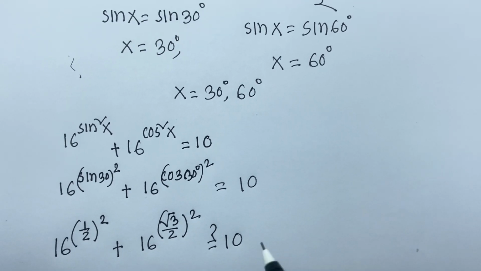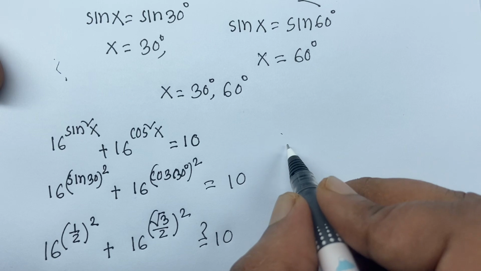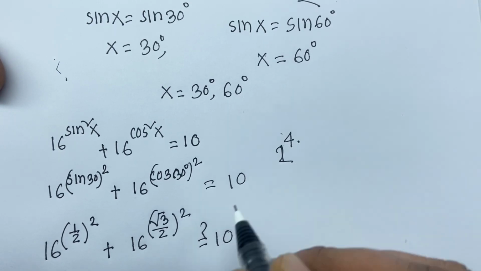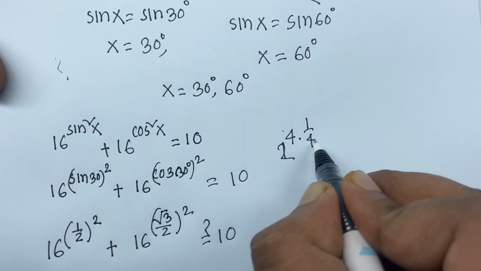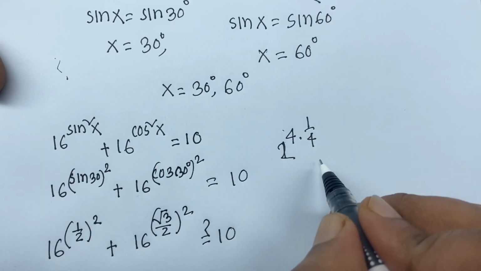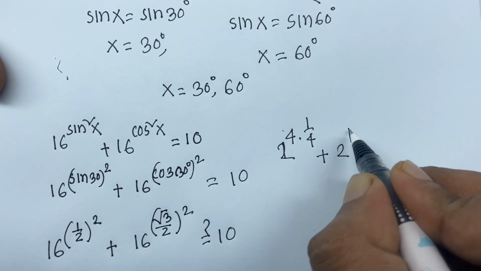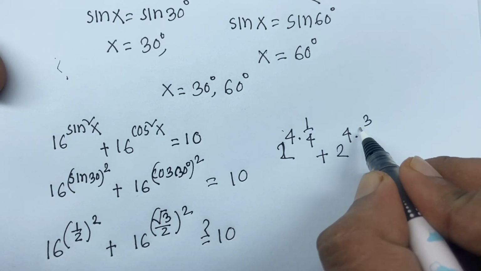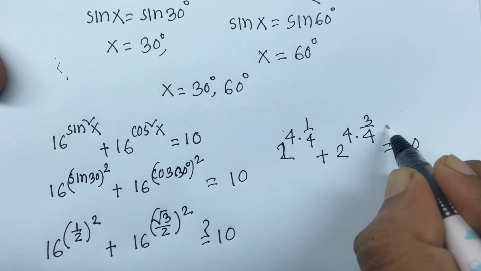Then I can say easily 16, so it will be 16 to the power 1 over 4, because of the 2 to the power 2 it will be 4, plus 2 to the power 4 times 3 over 4, the square root is cancelled, because of that 2 squared, it will be 4, is equal to 10.